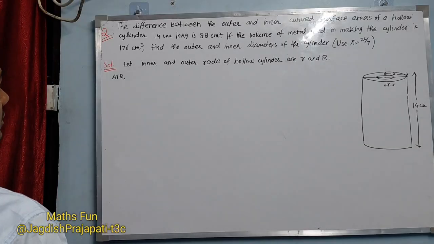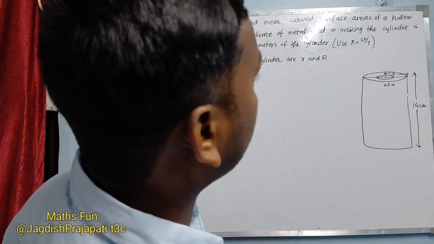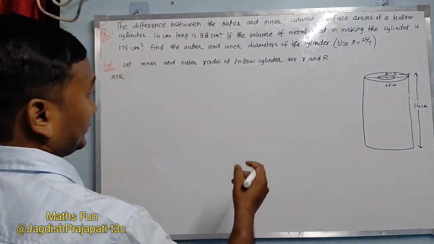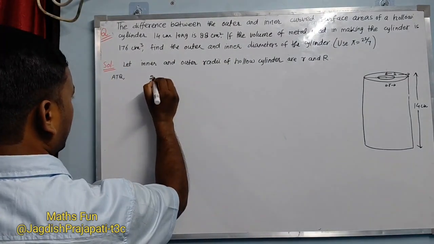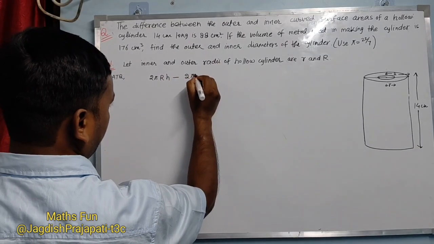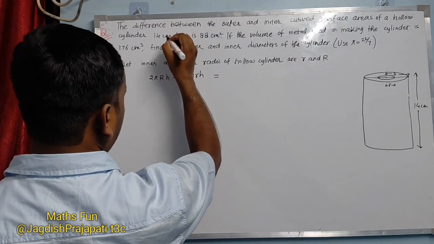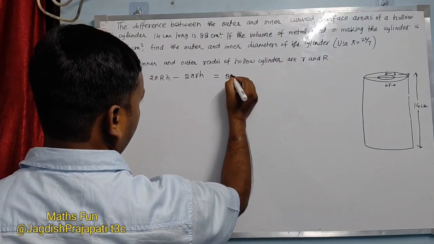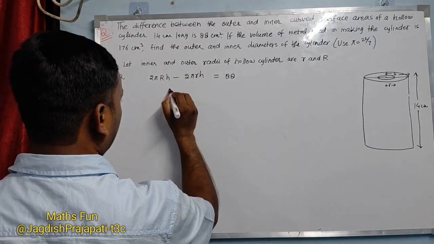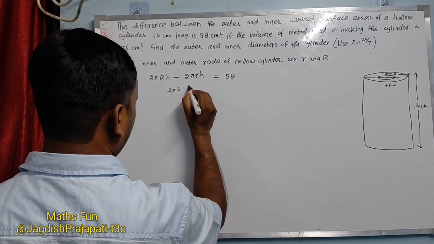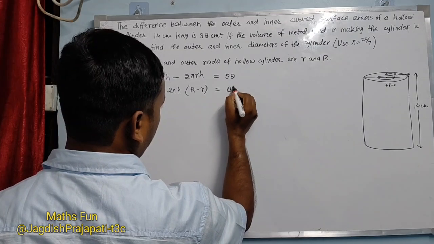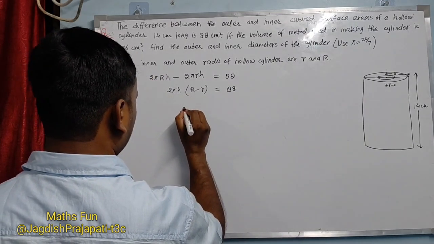So according to the question, the difference of the curved surface areas will be 2 pi capital R h minus 2 pi small r h, and this is 88 square centimeter. Here 2 pi h is common, so we have capital R minus small r equal to 88.